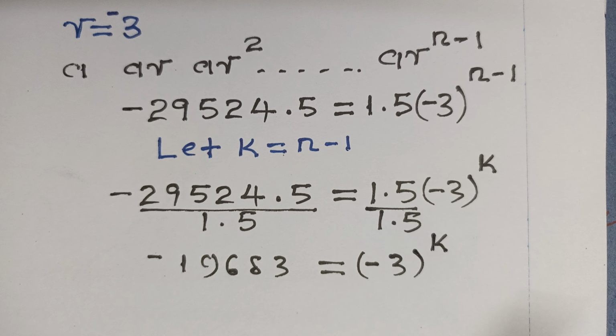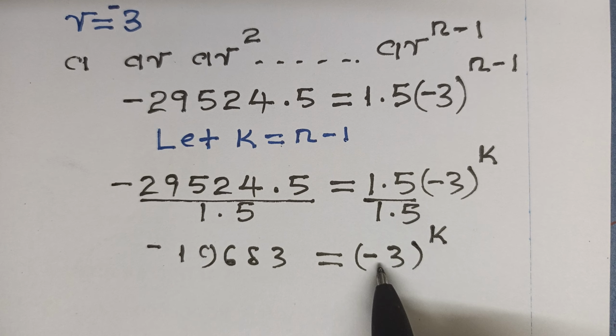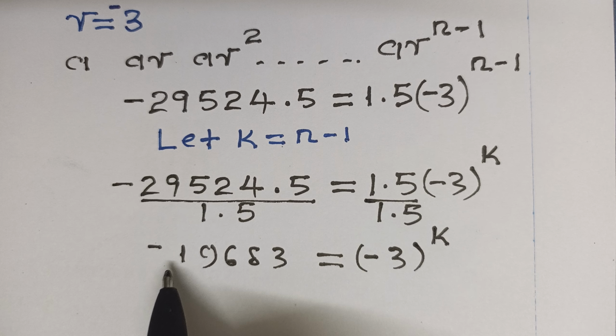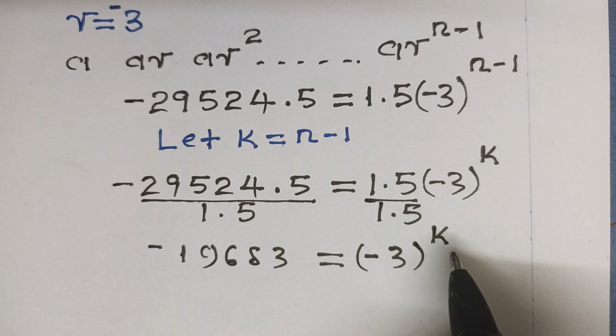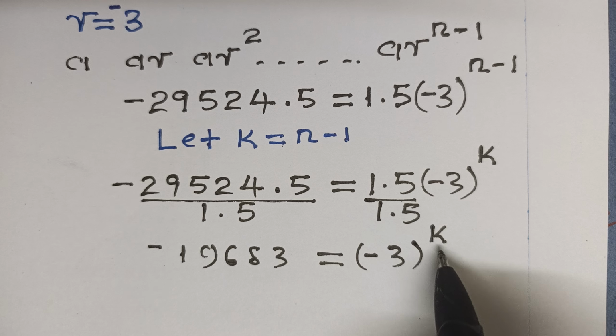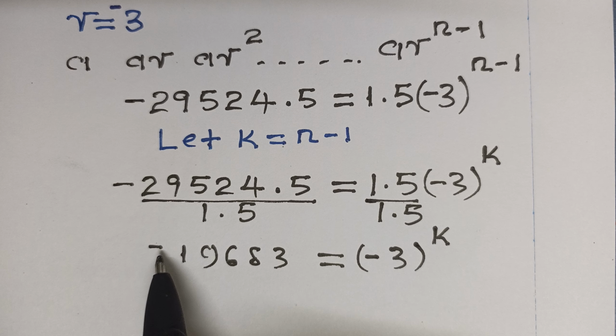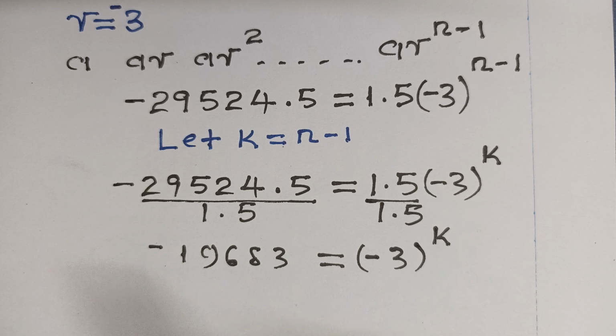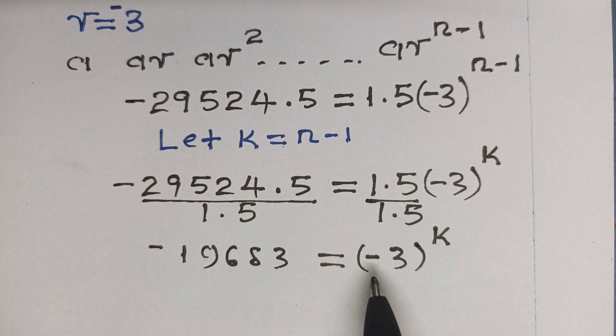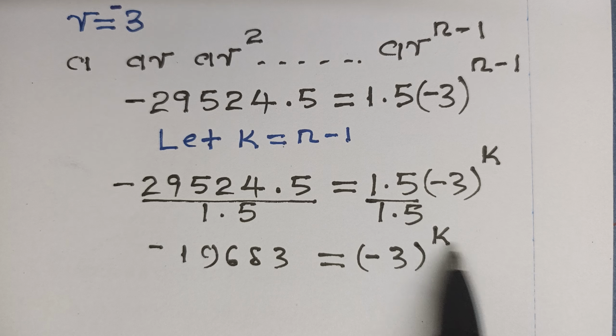When you look at this, here we have a negative and a negative. What it means is that k is going to be an odd number. And even when we disregard the negatives, we shall be quite okay in finding k.